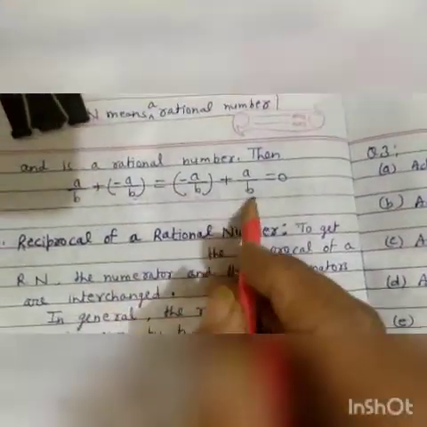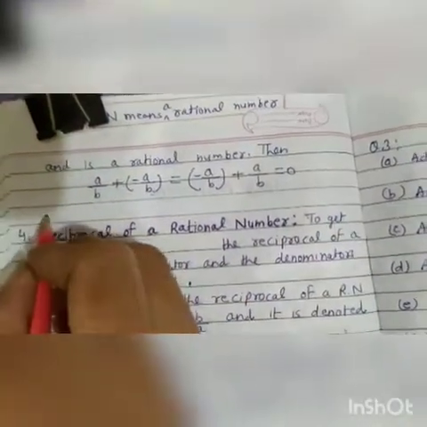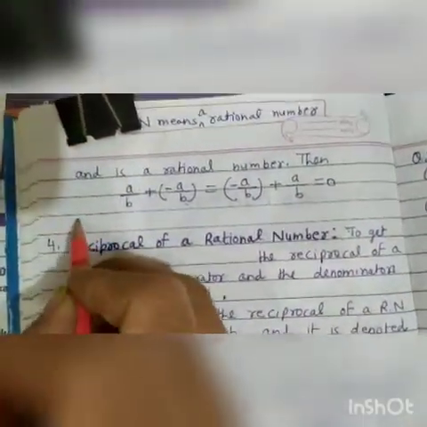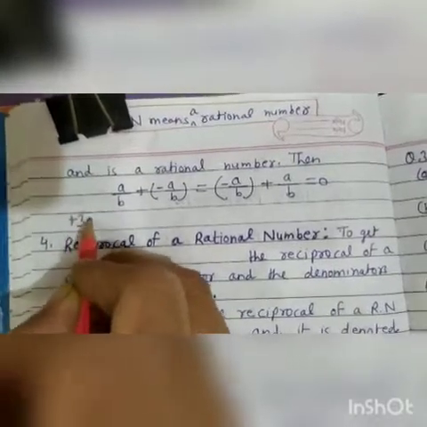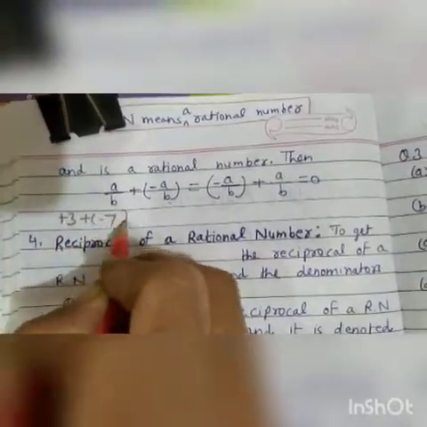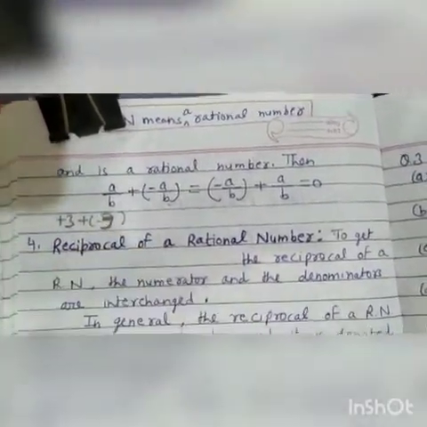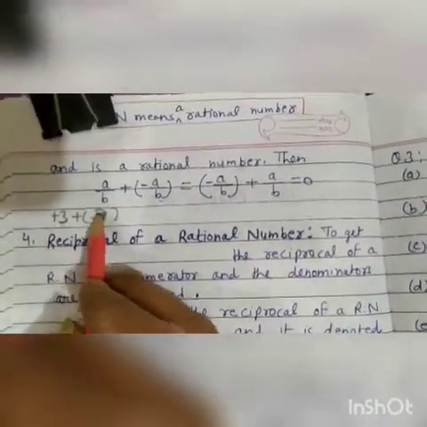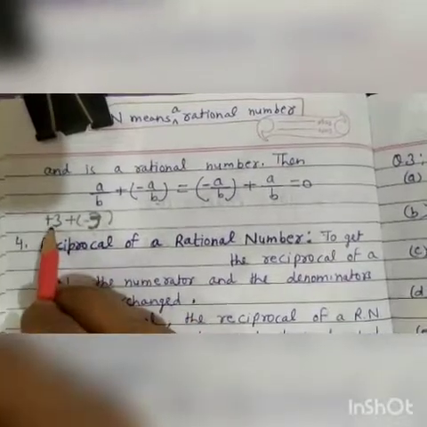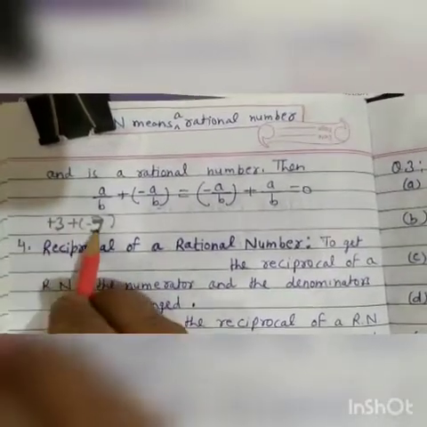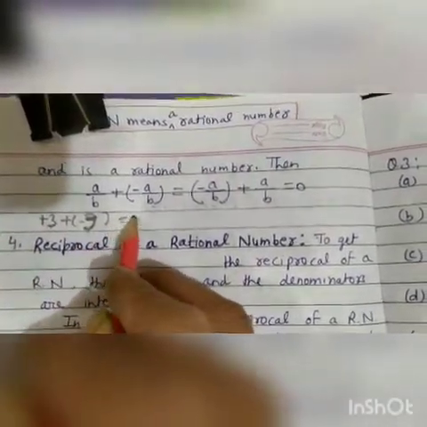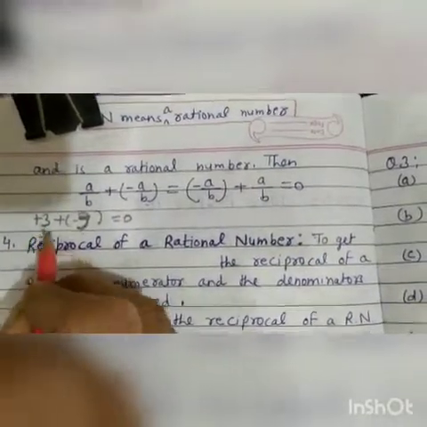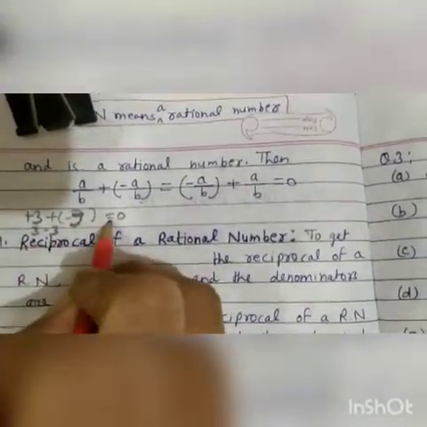Students, try to understand it like this. If I am writing plus 3, then its additive inverse will be minus 3. When we add a number and its additive inverse, then it is equal to 0. See, it will be 3 and minus 3, equal to 0.